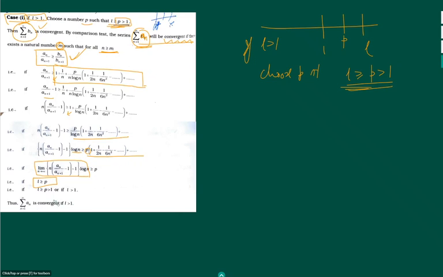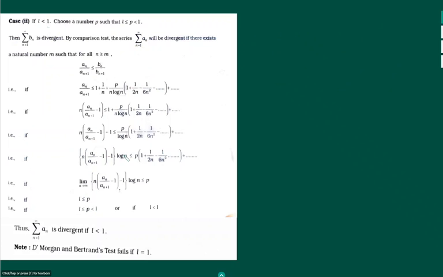So An is convergent if L is greater than 1. We have proved that if L is greater than 1, then summation An is convergent. Now we will prove that if L is less than 1, where this is 1 and this is L, you can choose a number P between L and 1, so that L is less than or equal to P and P is less than 1.